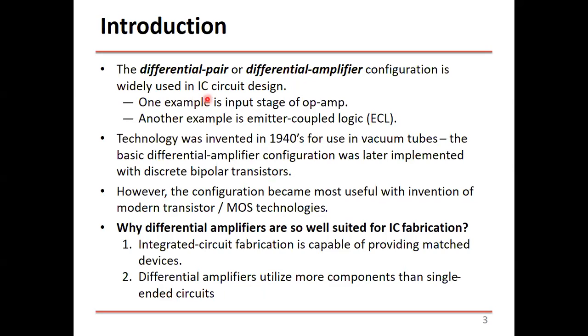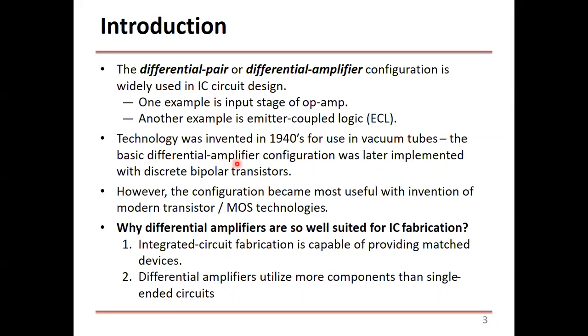In discrete components, if you pick up two discrete transistors, similar to the ones that we use in the lab, the 2N3904 or something like this, you cannot have them perfectly matched. But in an integrated circuit, it's easy to have two matched transistors, two identical transistors with the same fabrication, with everything.